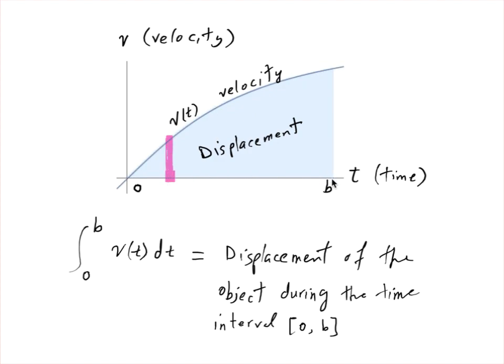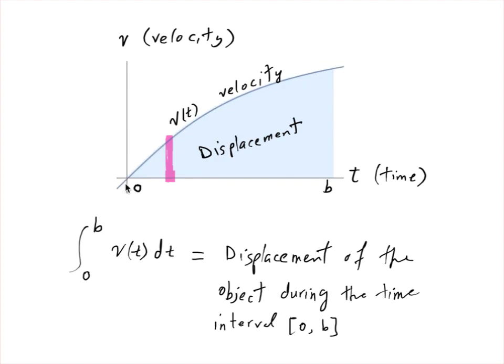So by the time t equals b, the object has been displaced by this area, the blue area, from its original position, wherever it was.